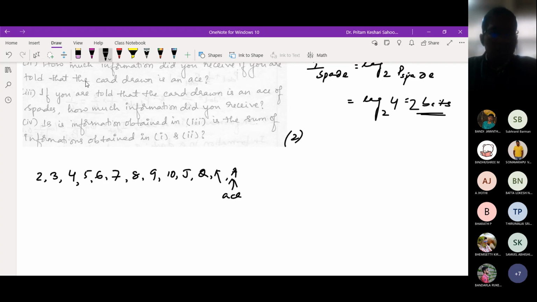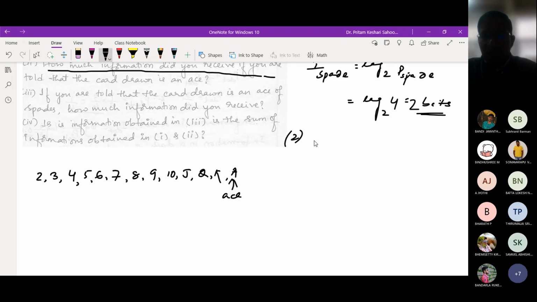That is the question. How much information did you receive if you are told that the card drawn is an ace? So you are drawing one card from the deck. How many cards are there in the deck? There are 52 cards. And how many aces are there? There are 4 aces. One is the spade ace, another is the club ace, another is the heart ace, another is the diamond ace.